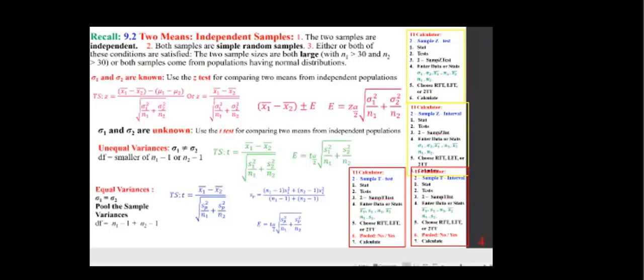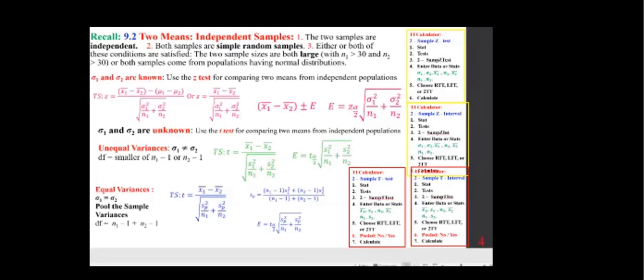When the variances are not assumed equal, we use x1 bar minus x2 bar over the square root of s1 squared over n1 plus s2 squared over n2. But if we assume equality, then we use the pooled sample variance, and the formula is t equals x1 bar minus x2 bar over the square root of sp squared over n1 plus sp squared over n2.